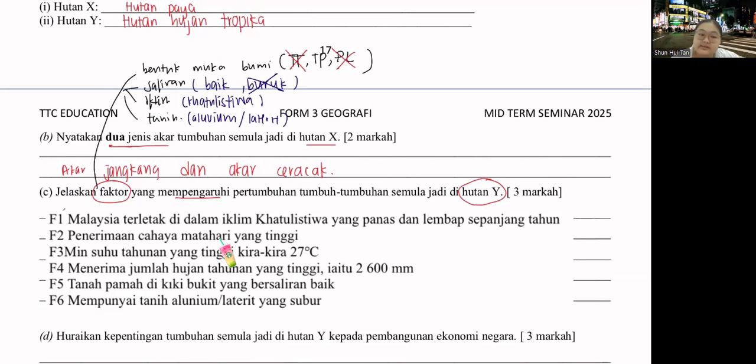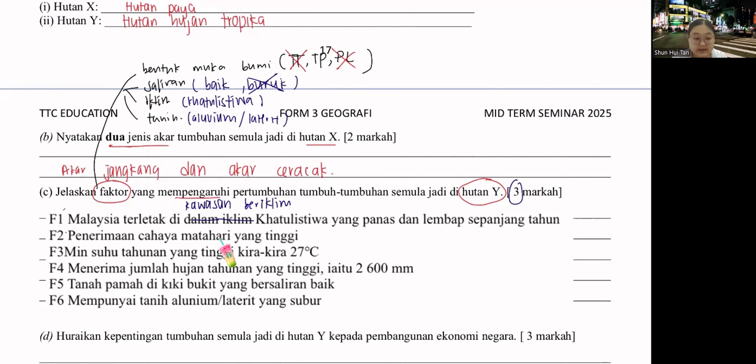Now, so you're going to say, Malaysia terletak di... no, I just said you pick 3 of them, right? Sorry, di kawasan beriklim. All right, so we receive a lot of sunlight.